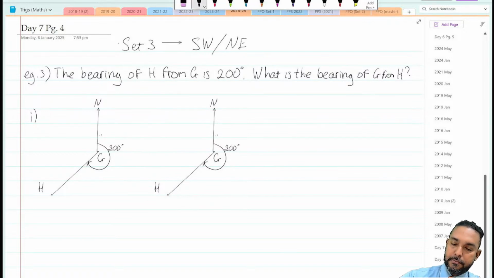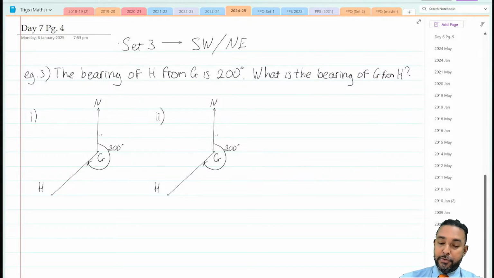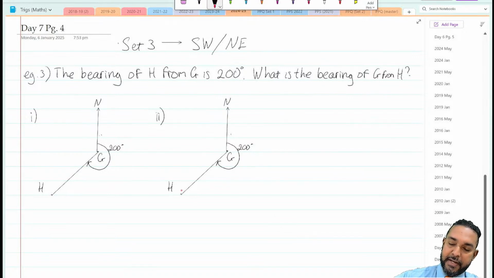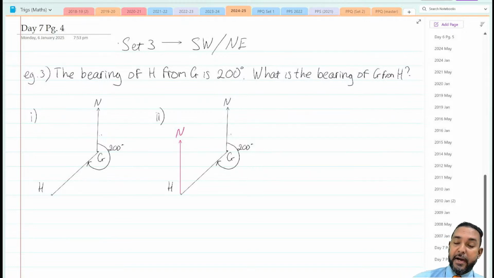So now we need a north line at H. Let's put a north line at H because now we want G from H. So north. And don't forget, it's the clockwise angle we want. So look at the angle here, from here right to there. So we want that angle.